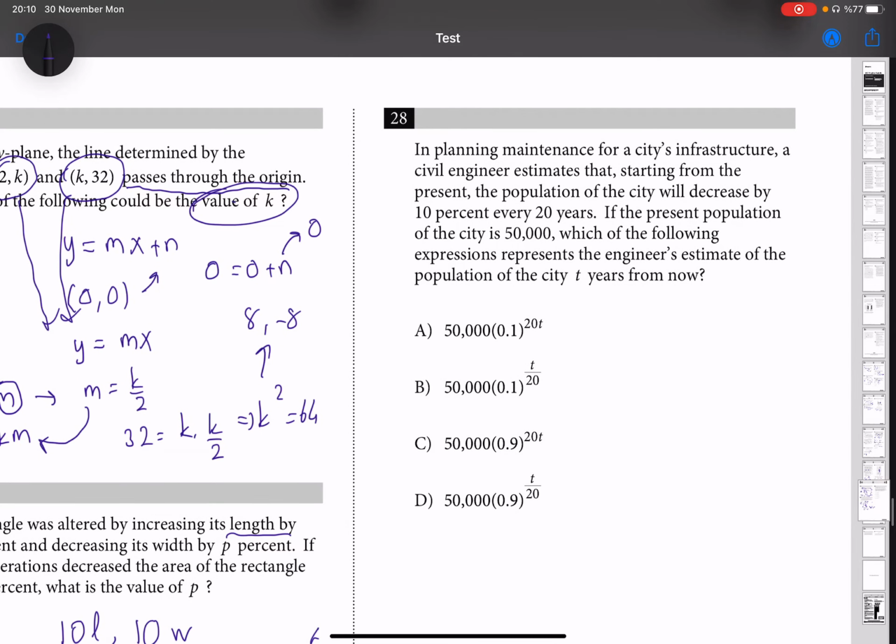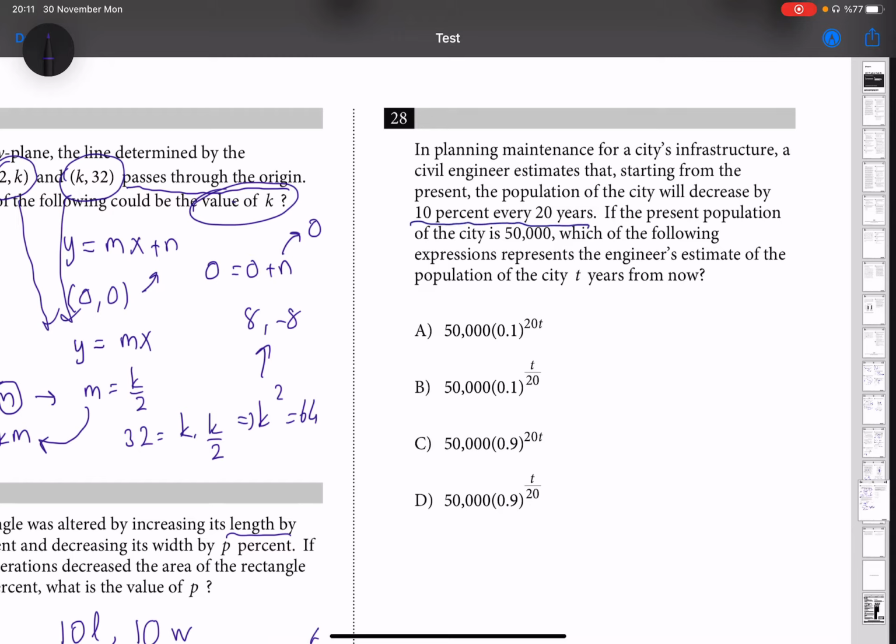Next question. In planning maintenance for a city's infrastructure, a civil engineer estimates that starting from the present, the population of the city will decrease by 10% every 20 years. This is important, decrease by 10% every 20 years.